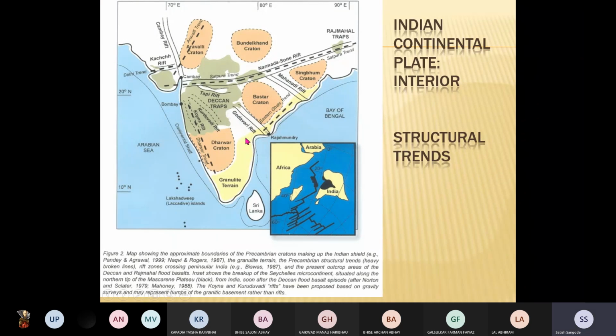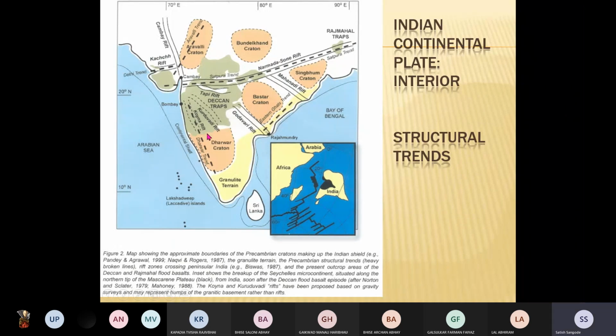The Pandian mobile belt, Eastern Ghat mobile belt, all these are associated. So the boundary between the Dharwar Craton and this mobile belt is a metamorphic boundary. Relatively low grade metamorphism is separated by high grade metamorphism, medium to high grade metamorphism.